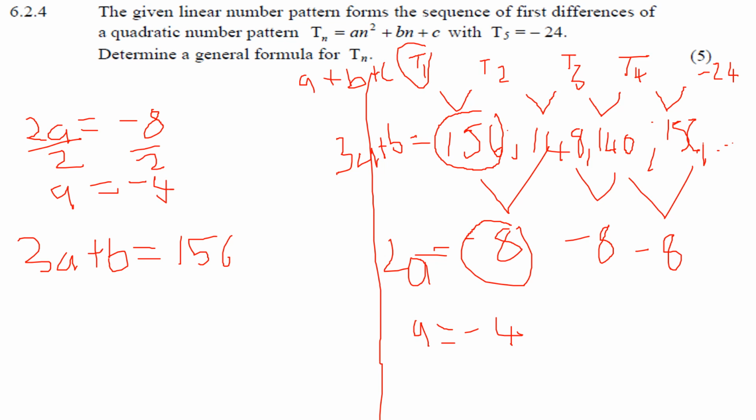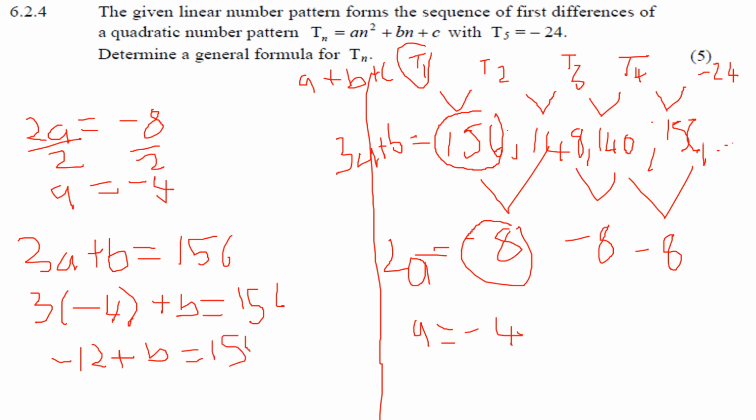We already know the value of a, which is now -4, and then this is plus b equals 156. So when you put it into your calculator, 3 multiplied by -4 is going to be -12. So we have -12 plus b, all equal to 156.